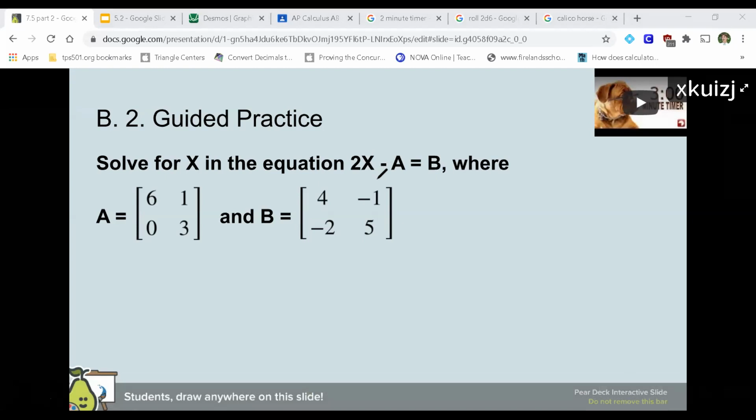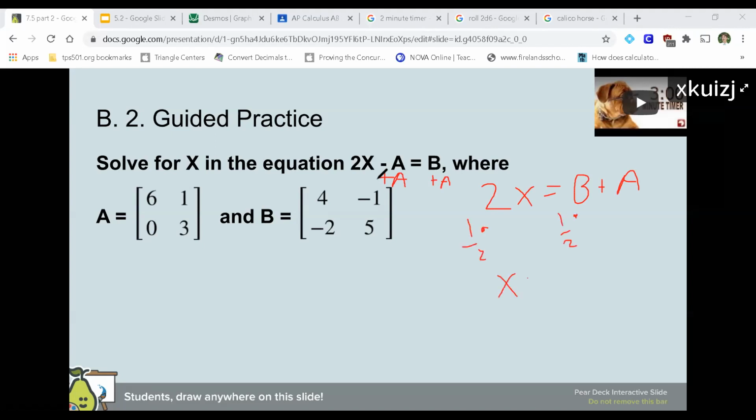Okay, all right, what do I do first? Add A. So we get 2x equals B plus A. Now what do I do next? Times by a half.